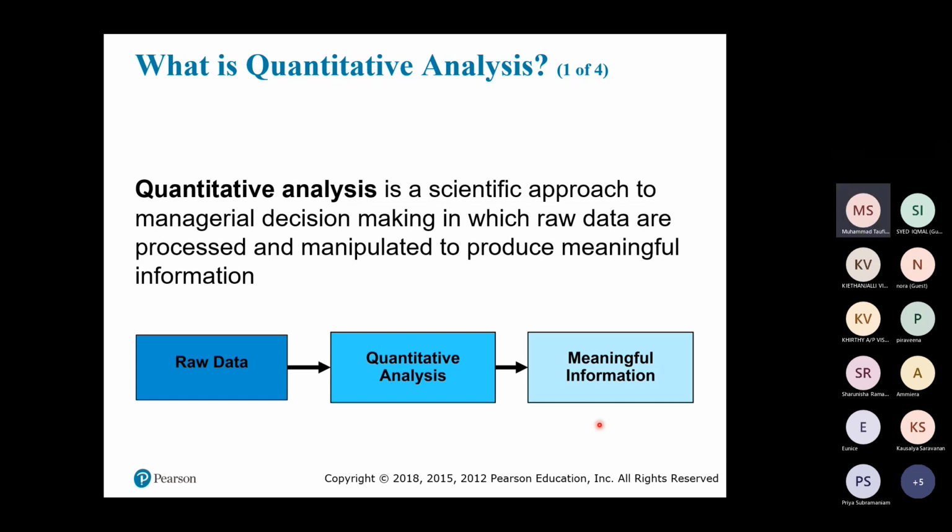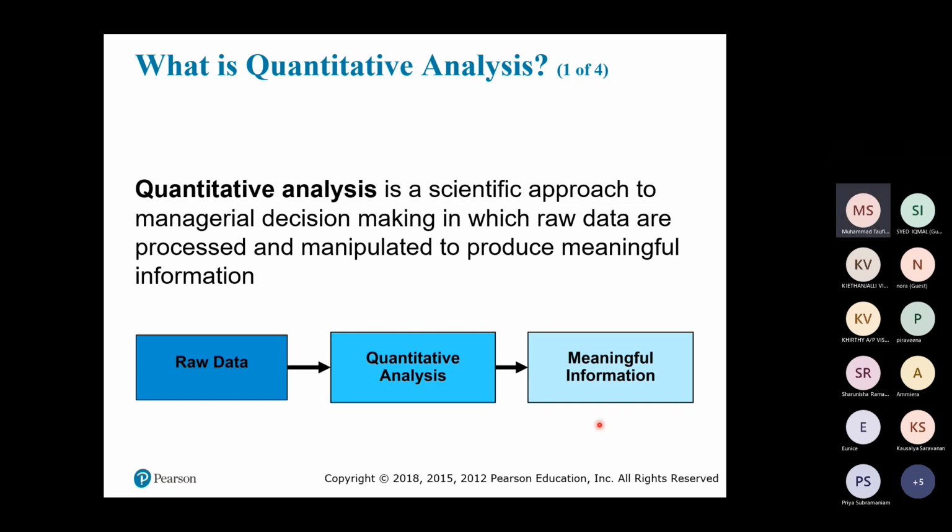Quantitative analysis is very objective, where you have numbers to calculate to come up with the information. In qualitative analysis, you analyze words, and then you make your own judgment based on the quality of the words. So that is the difference between quantitative and qualitative analysis.